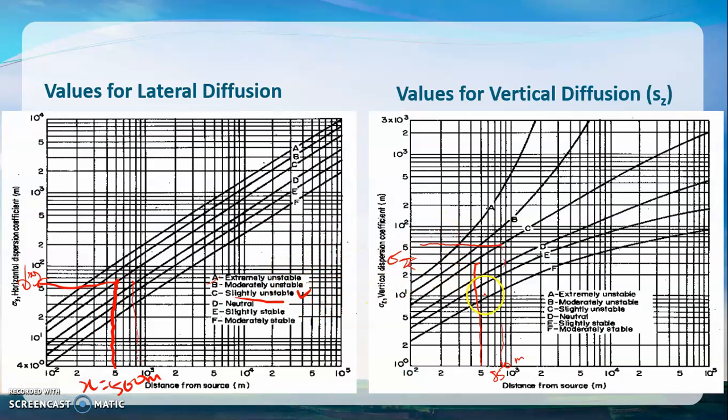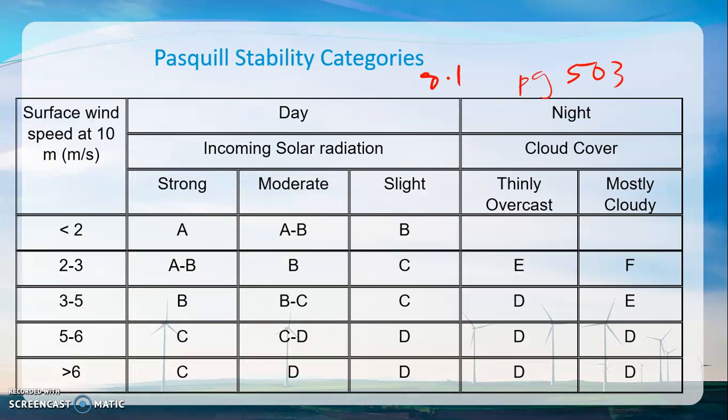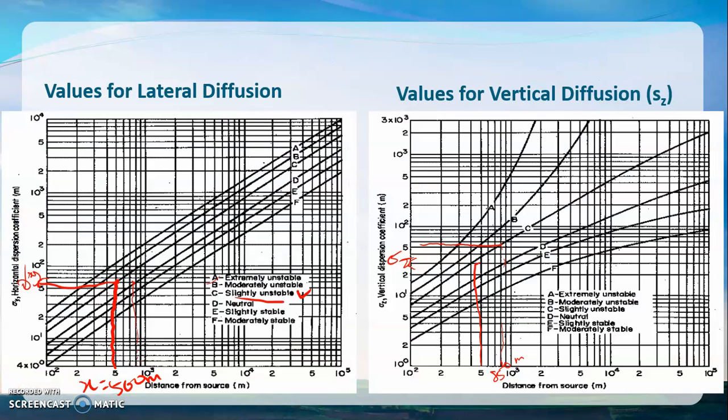Earlier x was 850 meters, but this time around x is actually 1.5 kilometers, so it's 1,500. It will be somewhere here, 1.5.